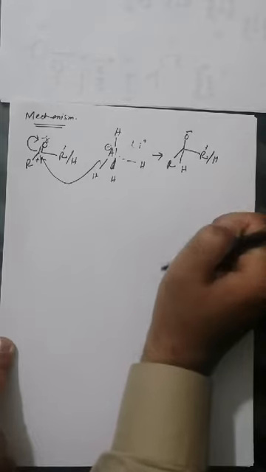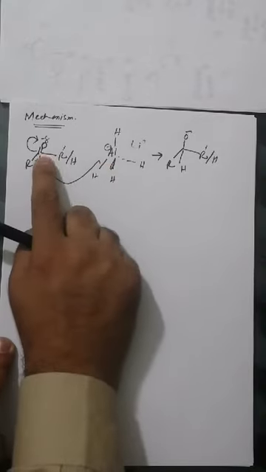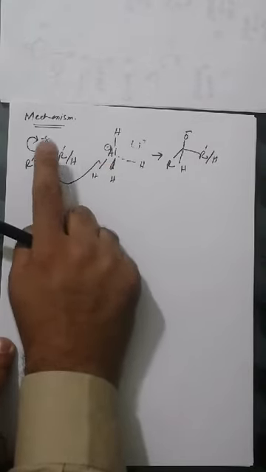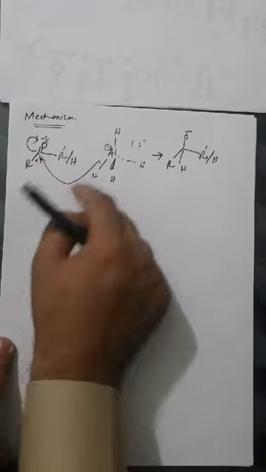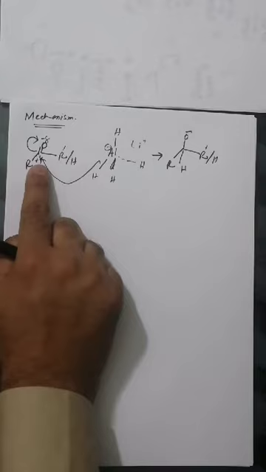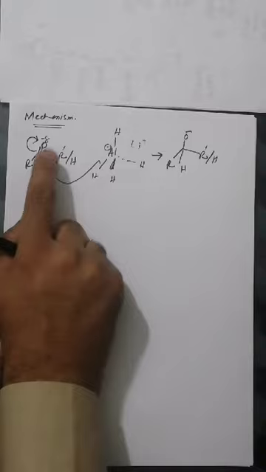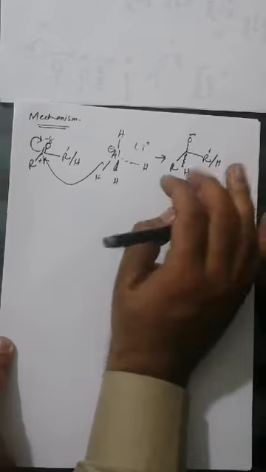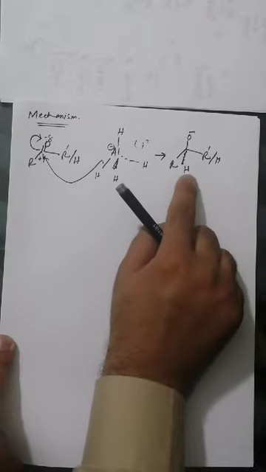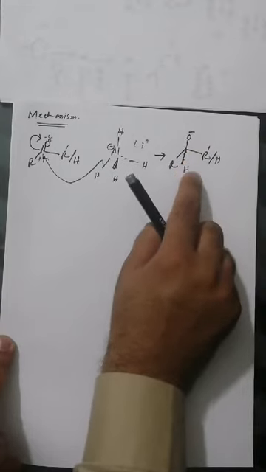Now, because you know that in the C=O bond the electrophilic carbon has sp2 hybridization, the hydride ion could attack from the front side of this planar keto group, or it could attack from the back side. So I'm not going to show here the orientation of this hydrogen, I'm just writing like this.